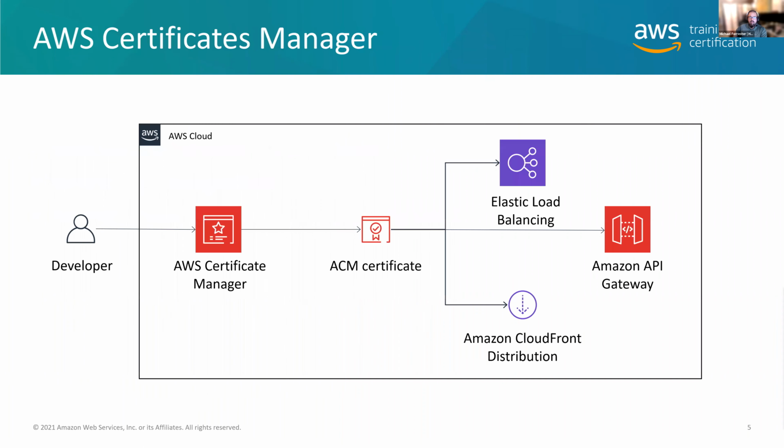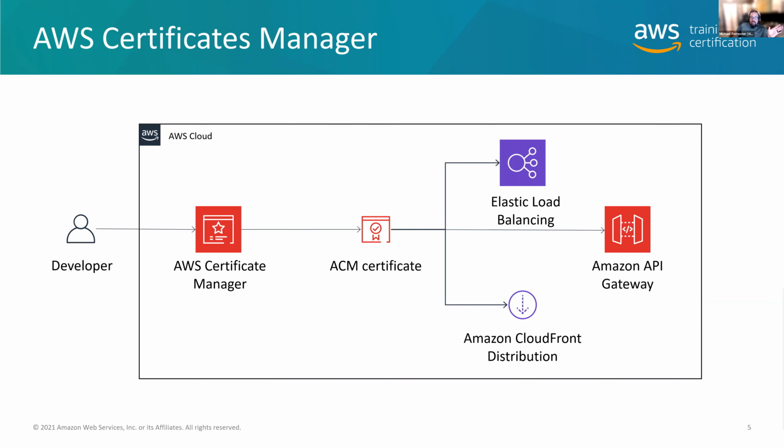This is where ACM, the AWS Certificate Manager, comes in. It's a service that allows you to provision, manage, and deploy private and public TLS and SSL certificates for both your public and your internally connected resources.